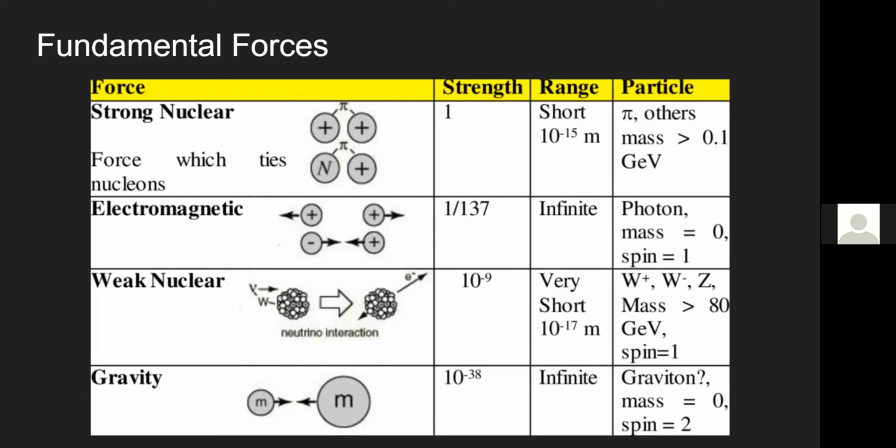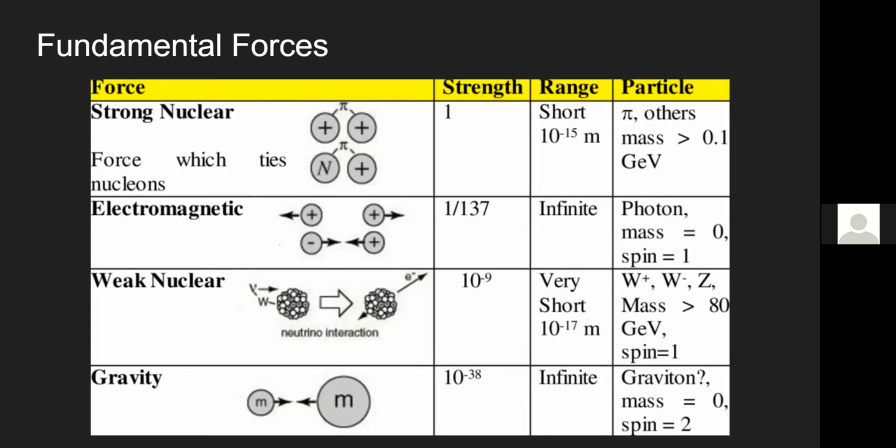We have the strong force, which is the strongest force of all, and its job is to keep the nucleus together. It binds the protons and neutrons at the center of an atom together. It's a very short range force. It only has effect over roughly atomic nucleus sizes, but it's very, very strong.